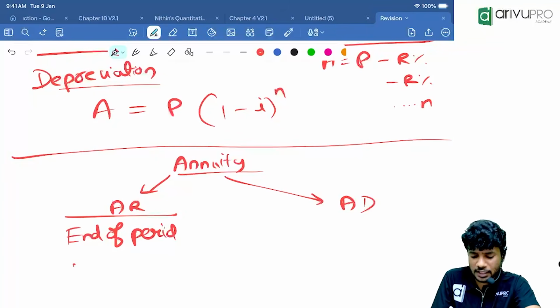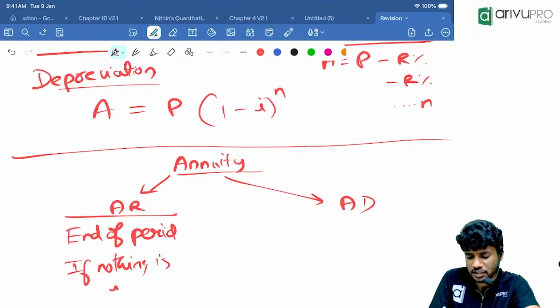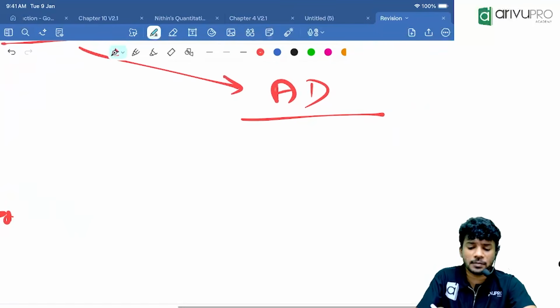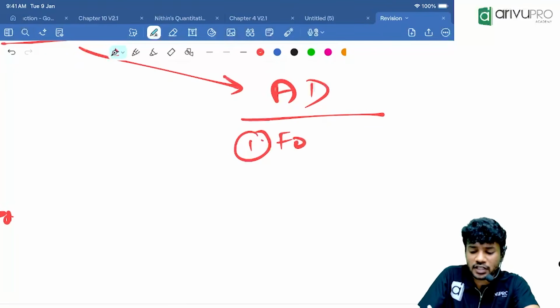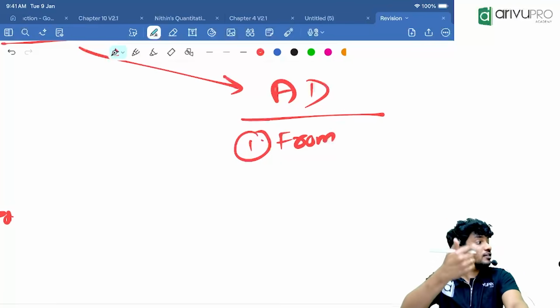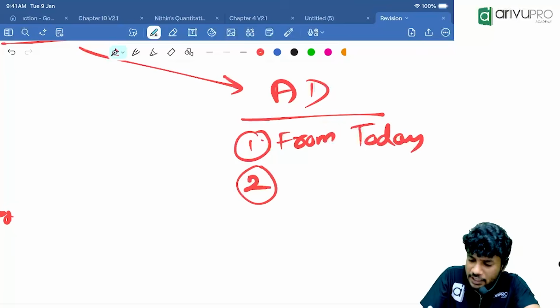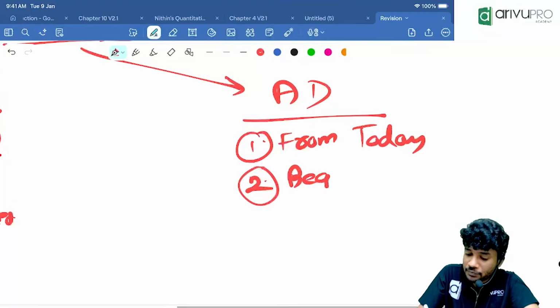Then what else? If nothing is mentioned, meaning they are not mentioning end of the period, beginning of the period or something, then it is annuity due or annuity immediate. When are we considering that? Whenever they are telling we are investing money from today. Second, anything else? Beginning.